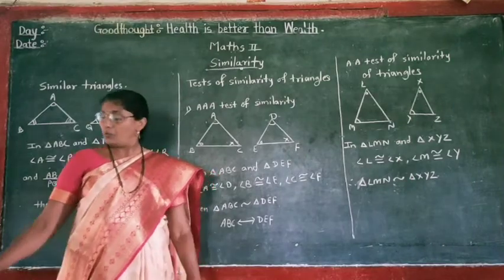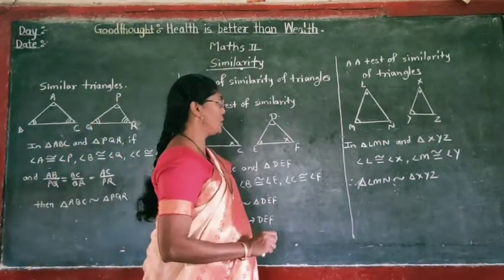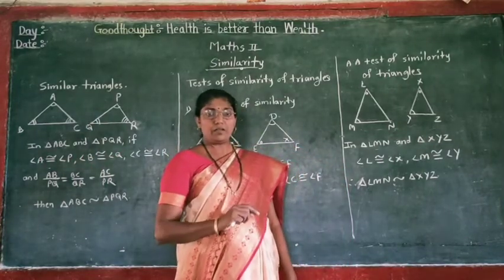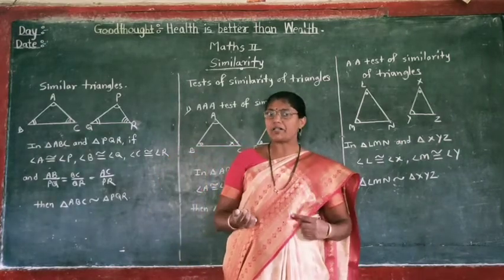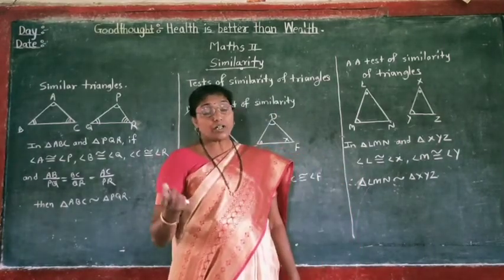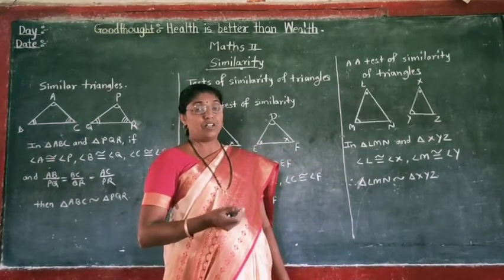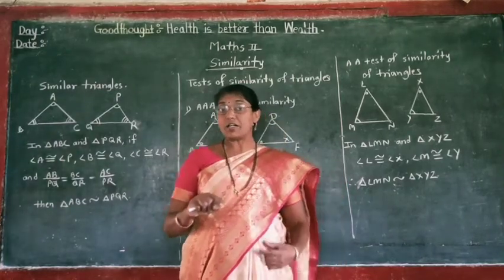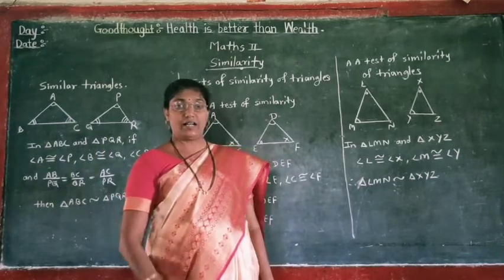Now, we know that for a given correspondence between the vertices of two triangles, if two angles of one triangle are congruent to two corresponding angles of another triangle, then the remaining angle of the first triangle is congruent with the corresponding remaining angle of the other triangle.